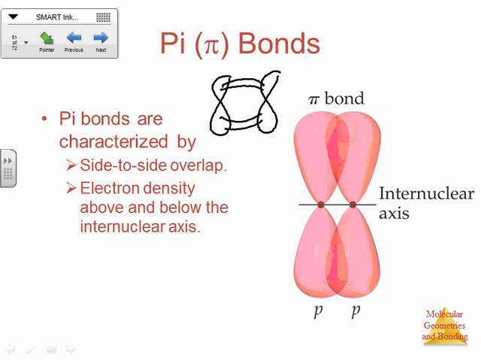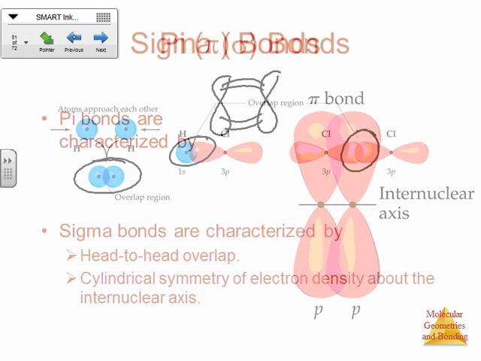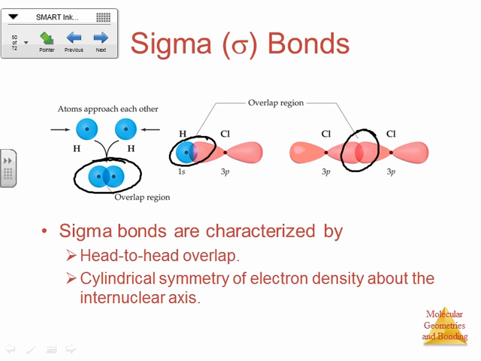But the idea is these are parallel or side-by-side orbitals. They're not directly overlapping like the p orbitals were in the screen before it, with the two chlorines. You can see how those are turned to where you can just push them together.